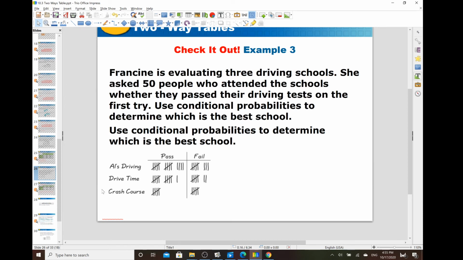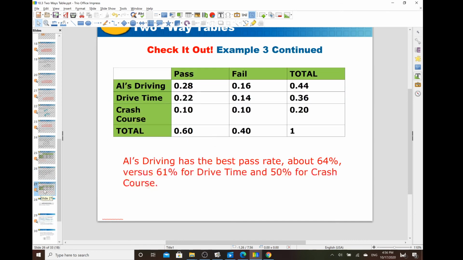So Al's driving school, Drive Time, Crash Course. So Francine is evaluating 3 driving schools. She asked 50 people who attend the school whether they passed their driving test on the first try. Use conditional probability to determine which is the best school. Okay, so again, the tally marks. So convert them to the frequency table.